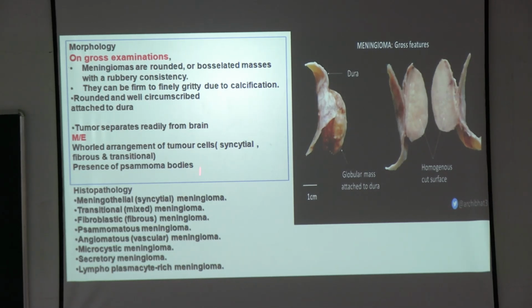You write one or two, whatever you remember, such as syncytial, fibrous or transitional. Sometimes the whole tumor is distributed with calcification, that is the psammomatous meningioma. No need to remember all those different histological types.